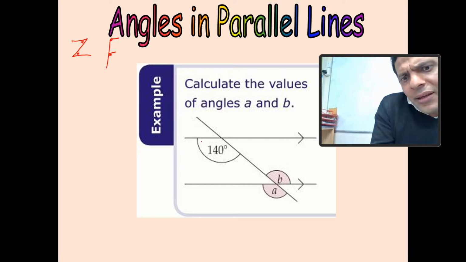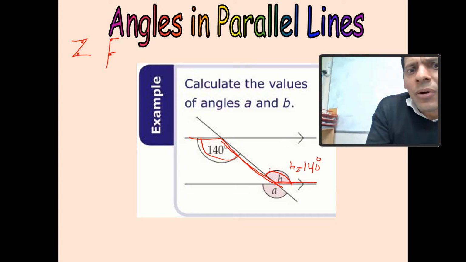So we can find the two letters here. This is the first one. Look here. This angle equals this angle because we have the Z letter here, so B equals 140 degrees because they are alternate angles.